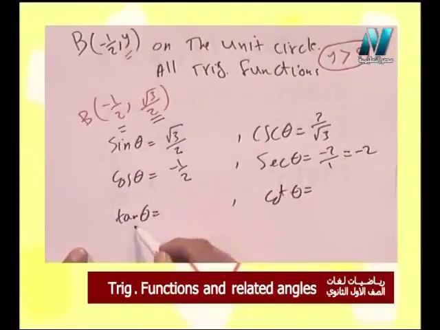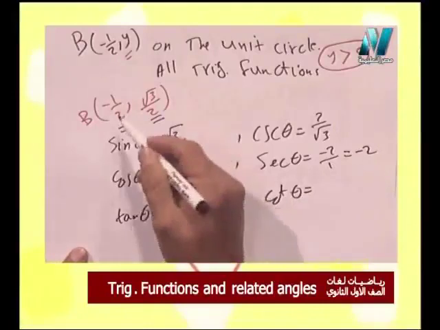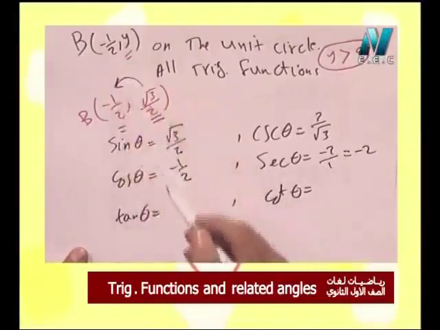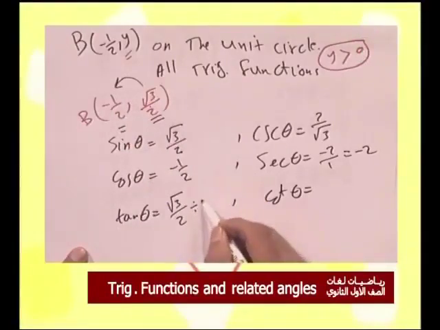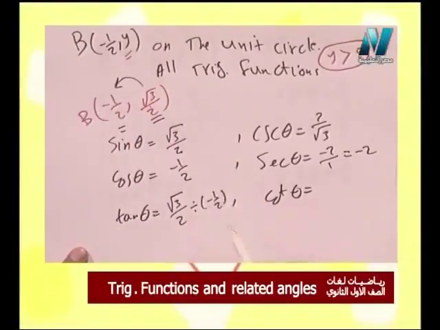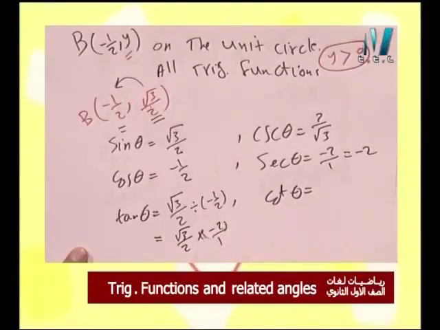Tan theta will be sine over cosine. Sine will be root 3 over 2 divided by cosine, which is negative half. So it's equal to root 3 over 2 times negative 2 over 1. Okay, 2 cancelled with 2 equals negative root 3.